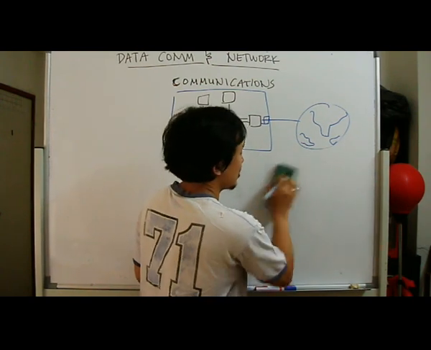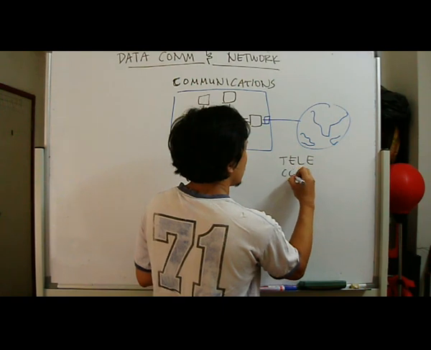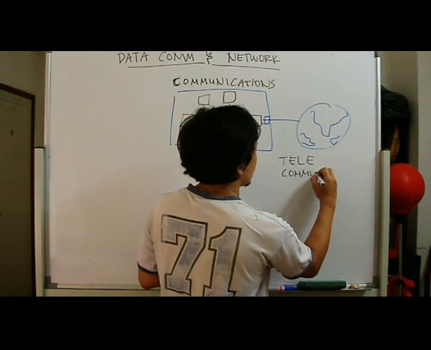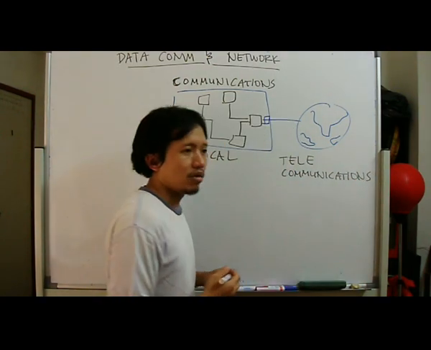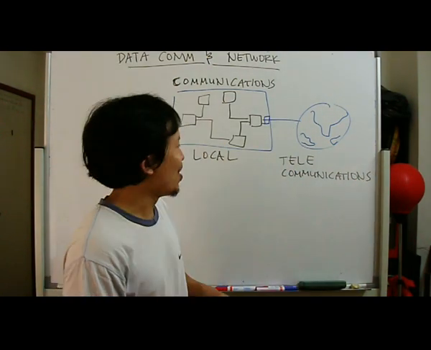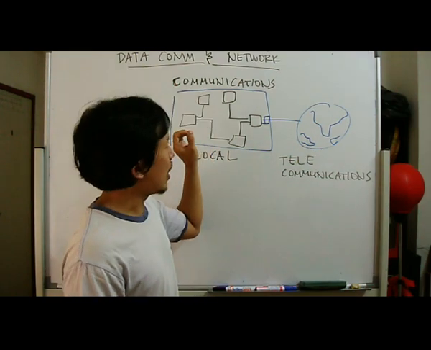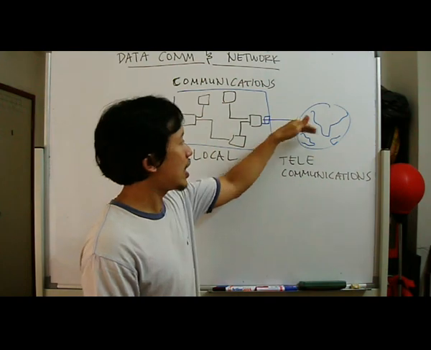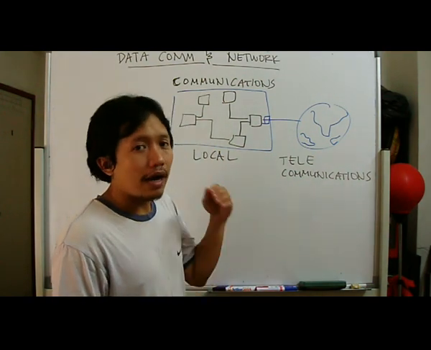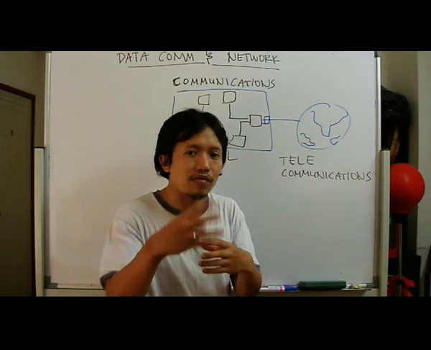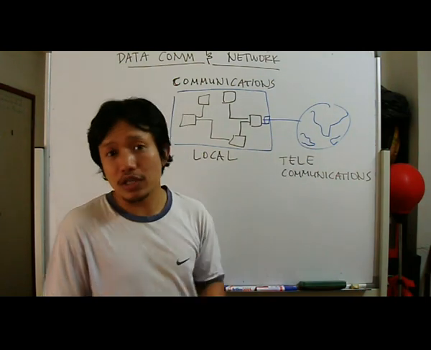Okay, telecommunications. This is where we have long distance data networks, sending and receiving of data. Imagine if you go to YouTube or Facebook, the servers, or rather the computers that have your pictures and your videos, are actually not in Malaysia. It can be much further away from you.